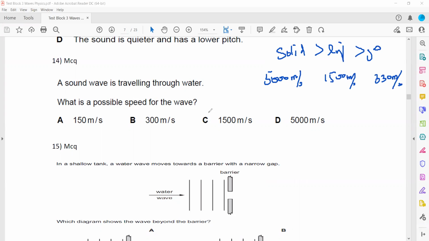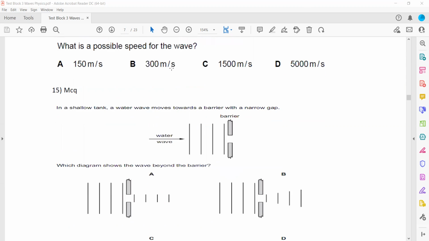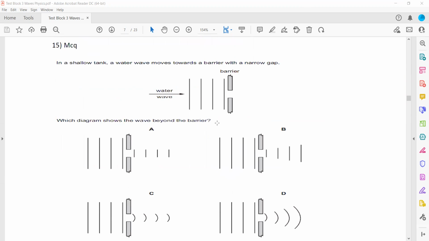What is the possible speed of the wave in water? That is 1,500. We have to learn the speeds in solid, liquid, and gas.